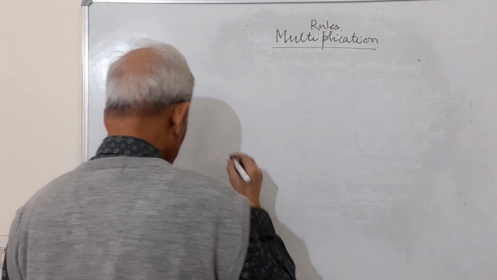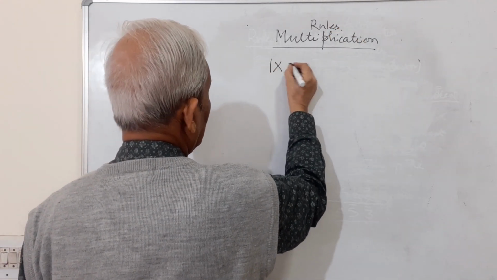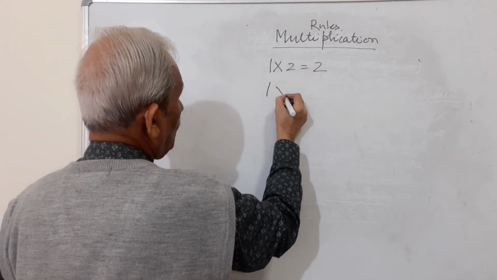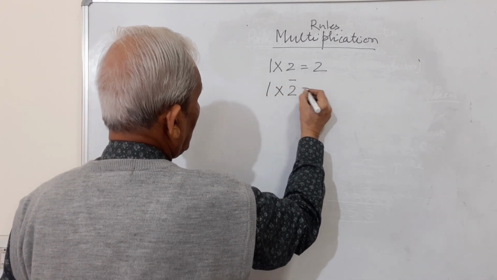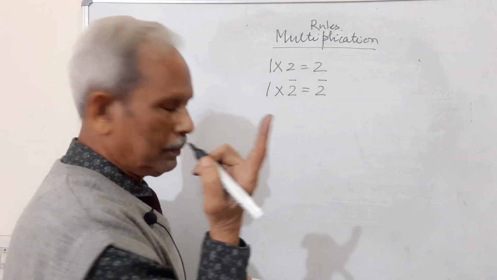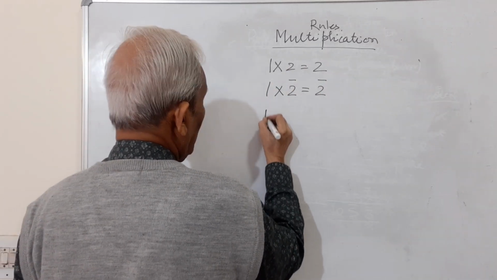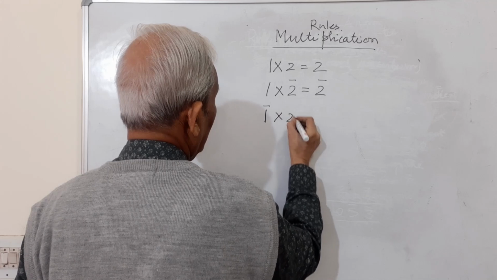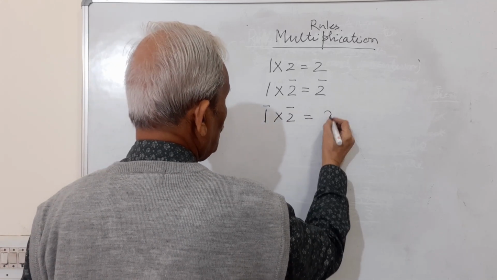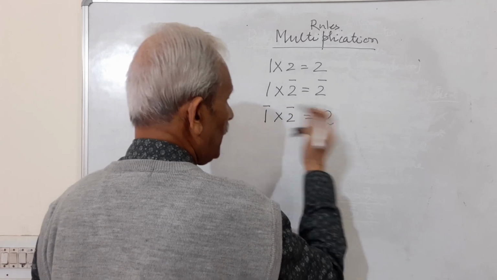The rule is, if it is 1 into 2, you know that it's equal to 2. But if it is 1 into 2 bar, it becomes 2 bar, because we know that 1 into minus 2 is minus 2. And if it is 1 bar into 2 bar, here it is minus minus plus, so it is 2. The negative, negative becomes positive.